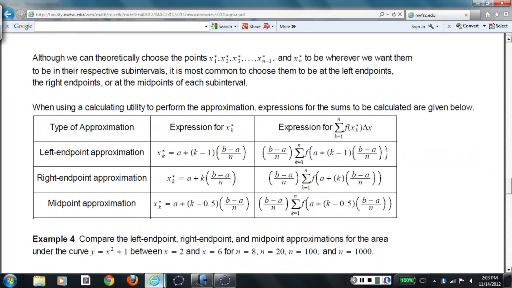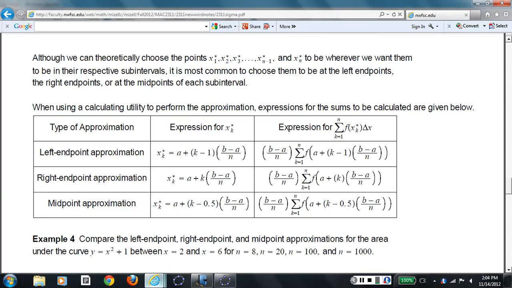Now, we're going to be looking at a way of doing this. We actually have to express this x sub k star in such a way that if we're using a calculating utility to do this, we can actually tell it what's the value of x sub k star if k equals 1. What's the value of x sub k star if k equals 2?